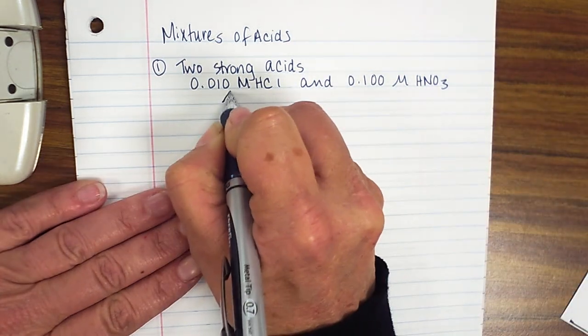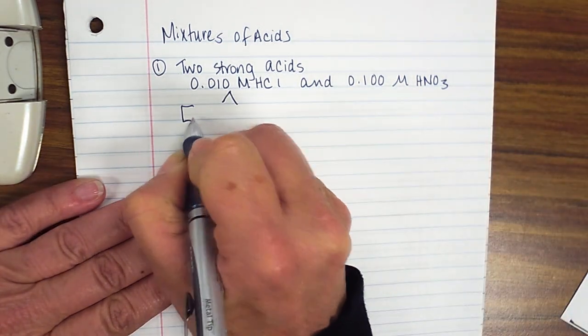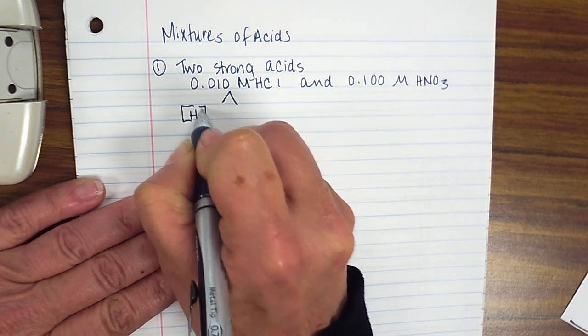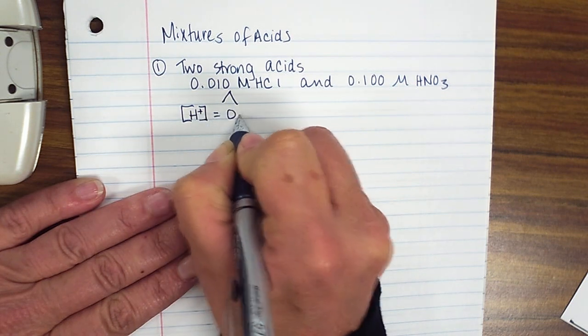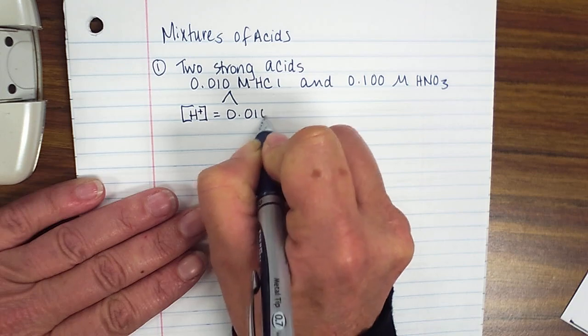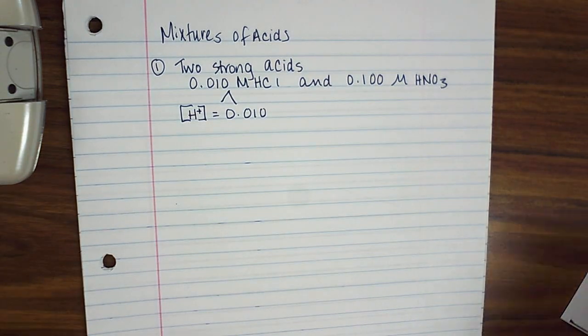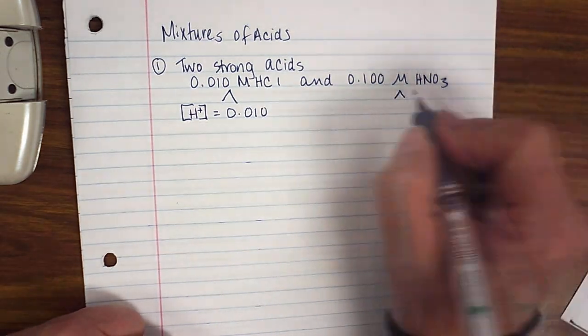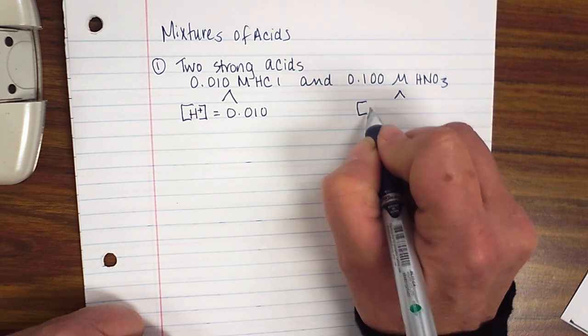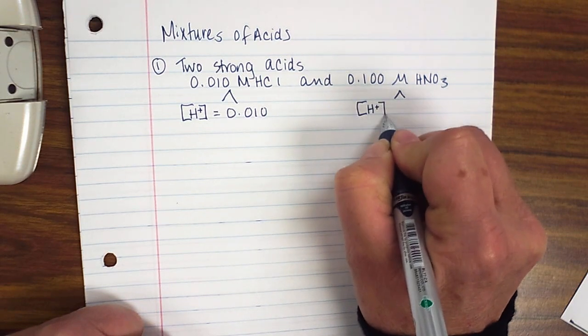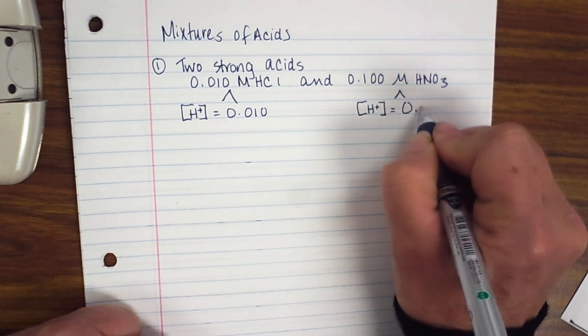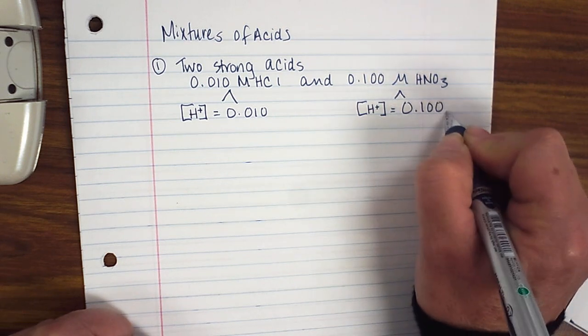So from this one, the concentration of H plus is going to be equal to 0.010. And then from this one, the concentration of H plus is going to be 0.100.